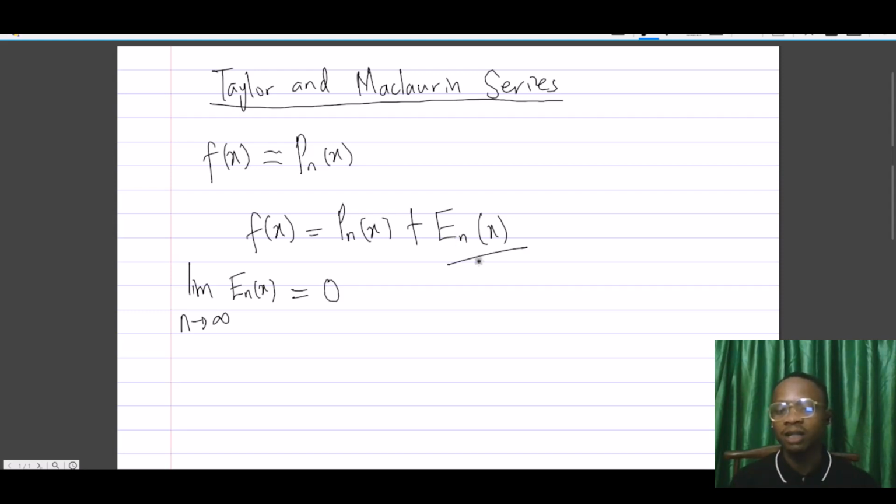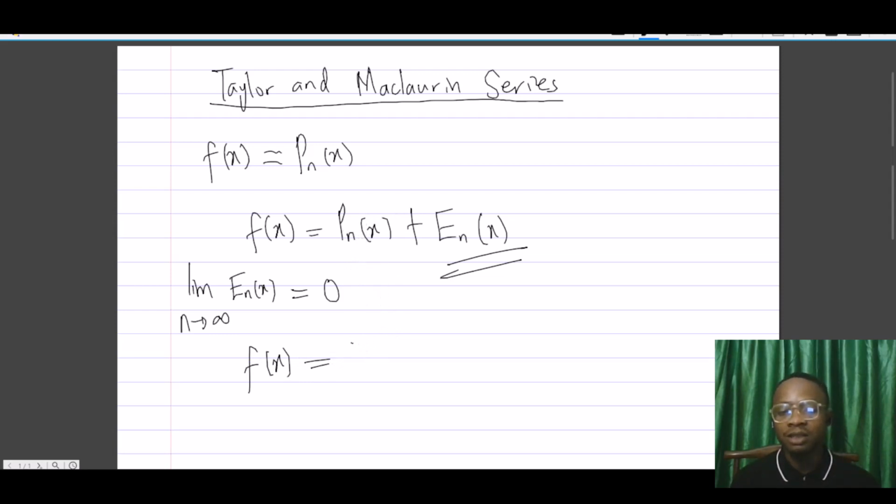So there will always be an error term associated with the nth order Taylor polynomial of f of x. To take care of this, if we want an exact representation of the function f of x, then we should consider taking our n to infinity.